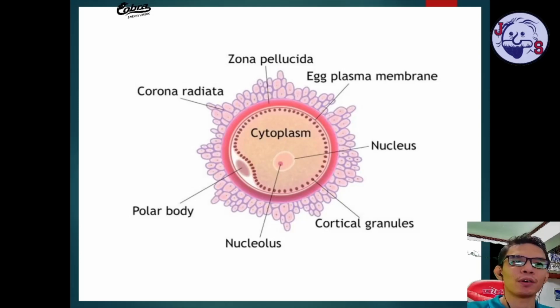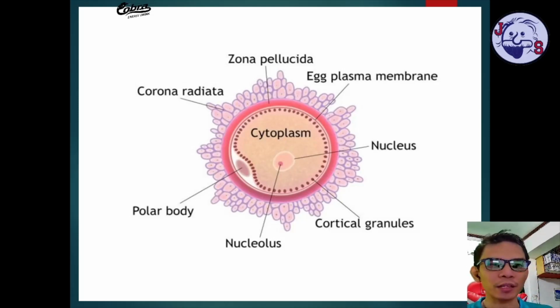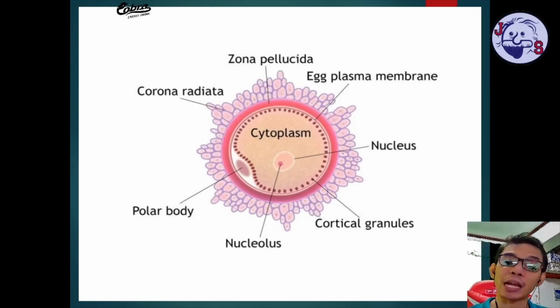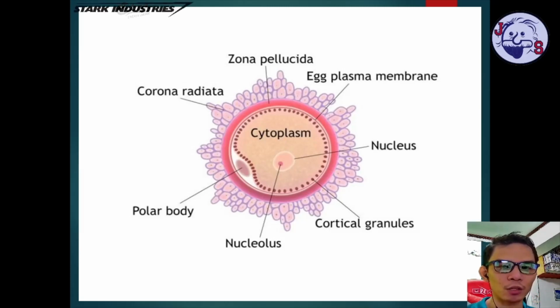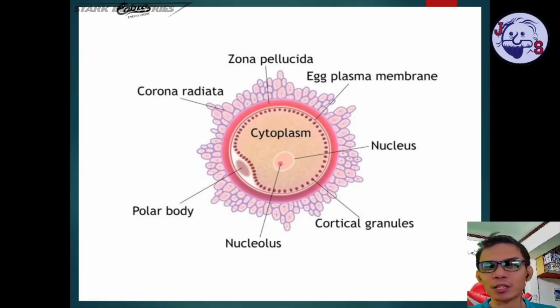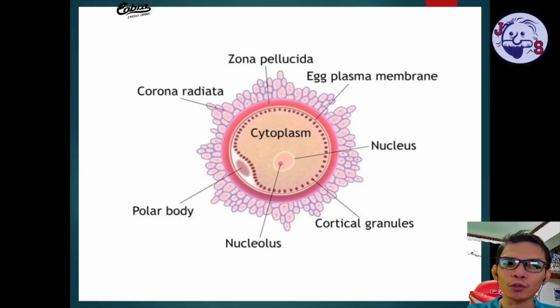Now looking at the egg cell, it contains a lot of parts. It has a barrier that protects it, number one, from foreign objects like viruses and bacteria, and number two, also from the sperm cell.